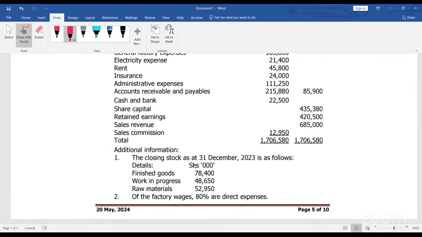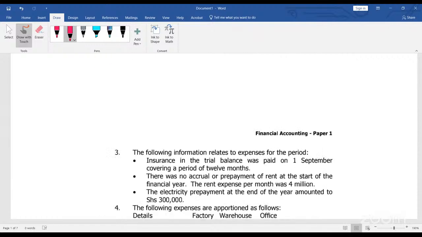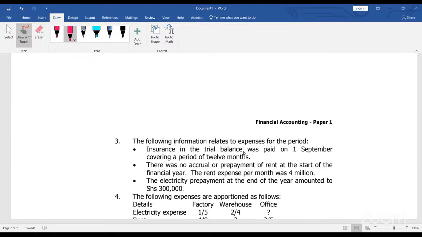Additional information: we have the closing stock as at 31st December 2023. Of the factory wages, 80% are direct expenses. We talked about allocation of expenses. The following information relates to the expenses for the period.